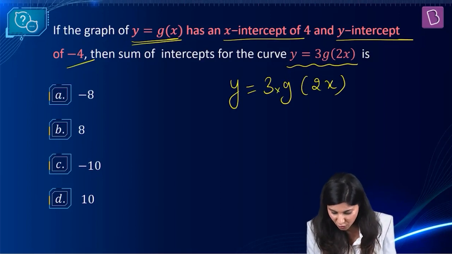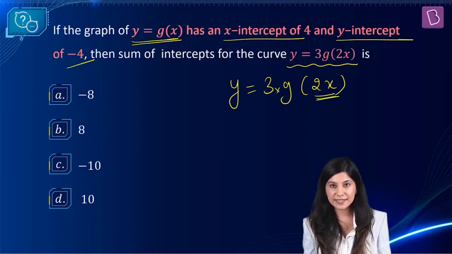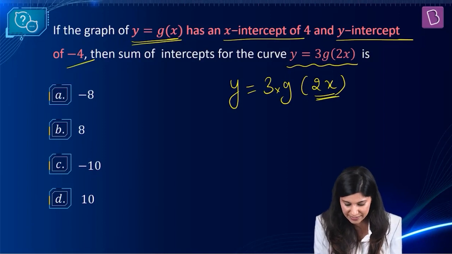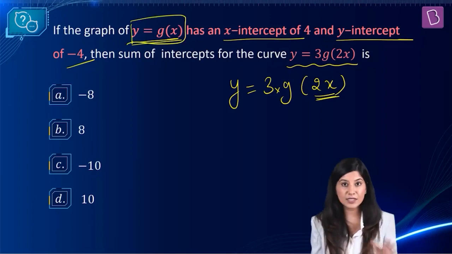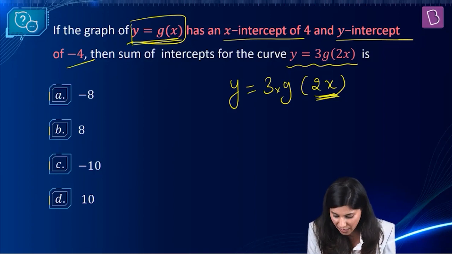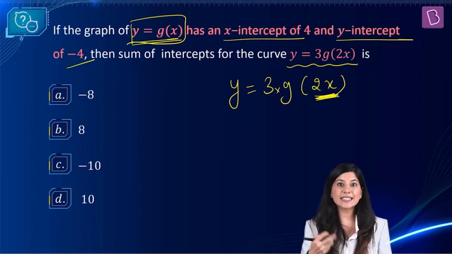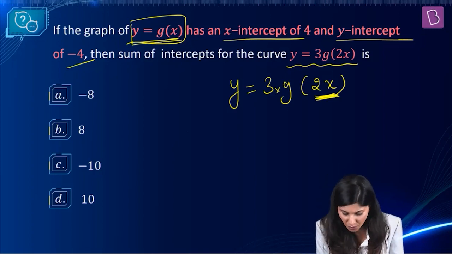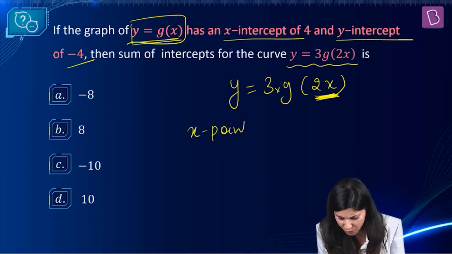Okay. If I talk about this g of 2x, that means what transformation this curve has gone through? We have just replaced x by 2x, right? We have replaced x by 2x. The moment you see that your argument or your domain is getting multiplied with any number, which is 2 in this case, that means all the x points or x coordinates will get divided by this 2.